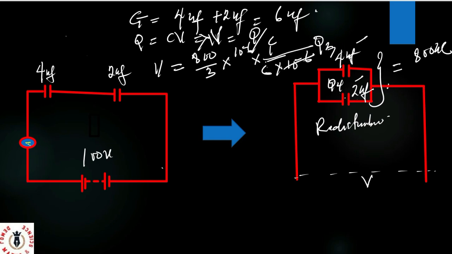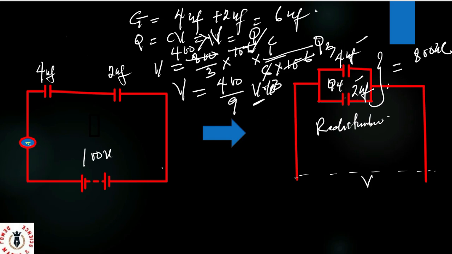So that 10 raised to the power minus 6 cancels 10 raised to the power minus 6. 2 in 6 is 3, 2 in 800 is 400. So that my total voltage V will be the same thing as 400 over 9 volts.